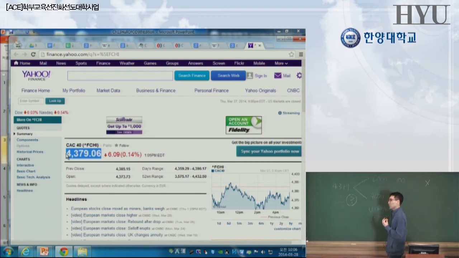If you invest €1, your €1 becomes either this one or this one. If you invest X euros, your money becomes either this one or this one.